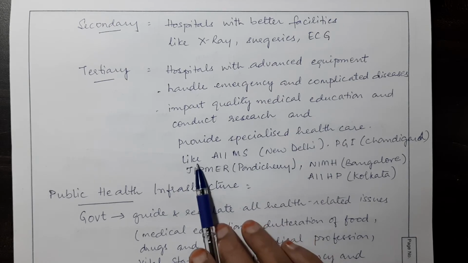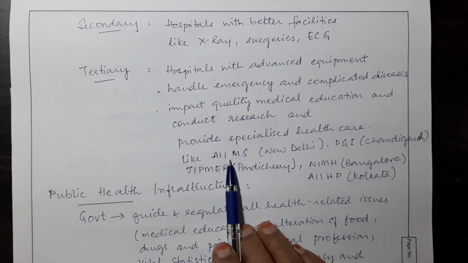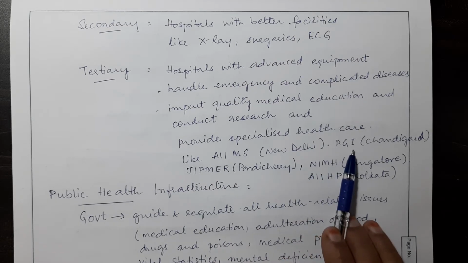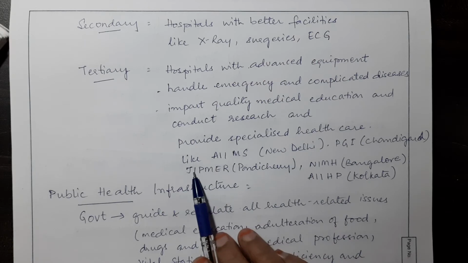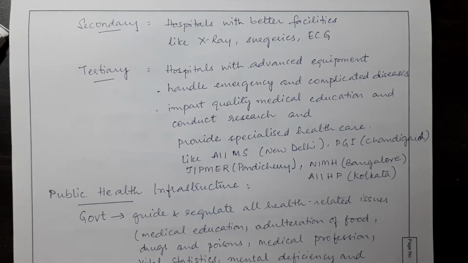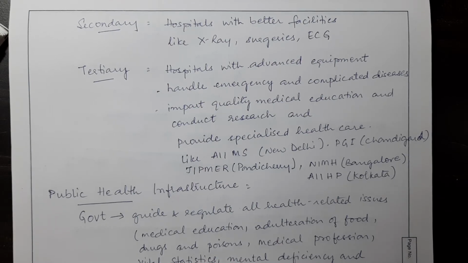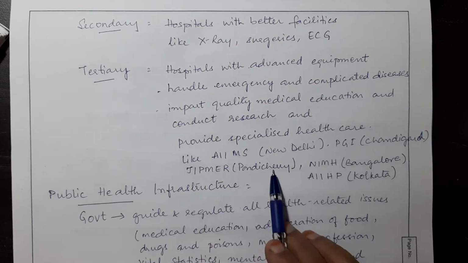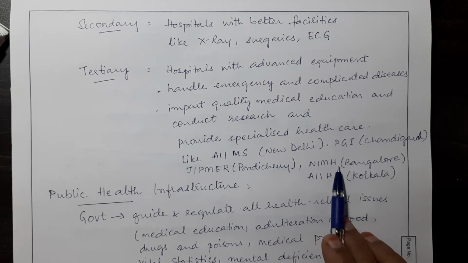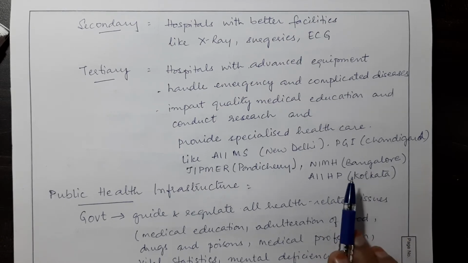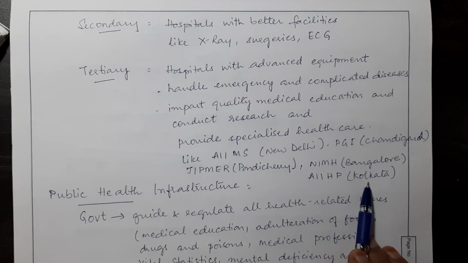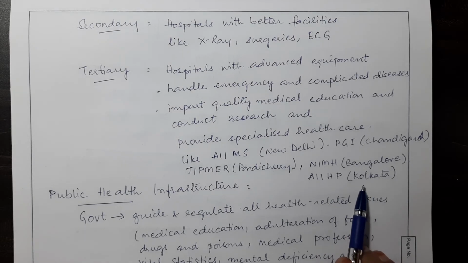Examples of these can be given as the AIIMS, All India Institute of Medical Sciences, New Delhi, the Postgraduate Institute in Chandigarh, the Jawaharlal Institute of Postgraduate Medical Education and Research, JIPMER, in Pondicherry, then National Institute of Mental Health and Neurosciences, Bangalore, then All India Institute of Hygiene and Public Health, Kolkata. So these are some of the examples of tertiary healthcare.